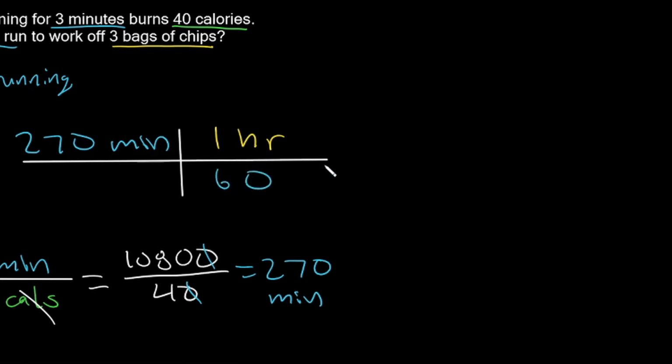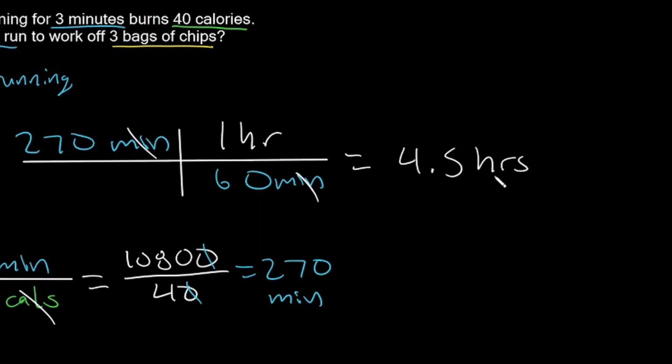That would be 60. So we can convert this again. So if we wanted our answer in hours, we could just divide 270 by 60, and that would be 4.5 hours. So you would run 270 minutes or 4.5 hours.